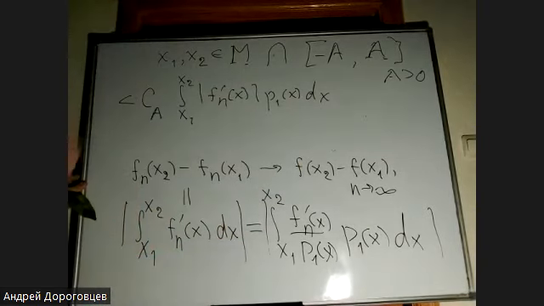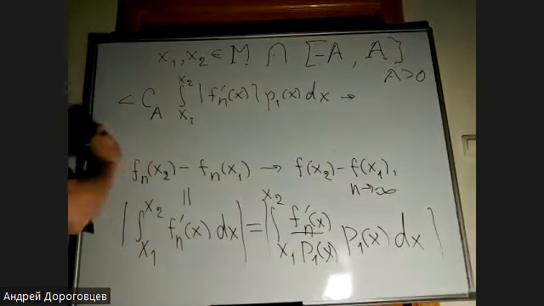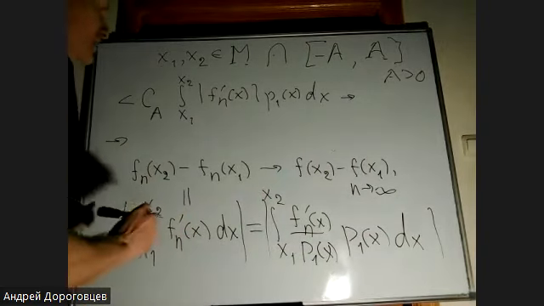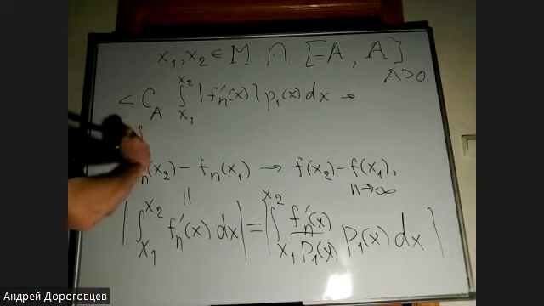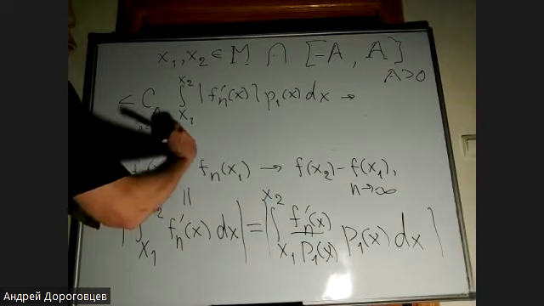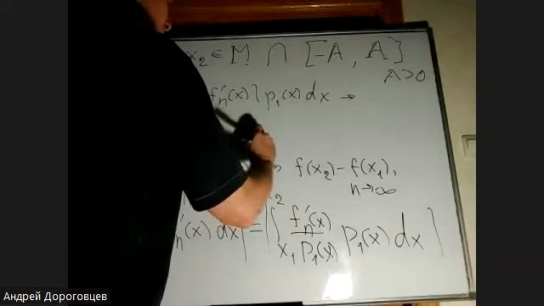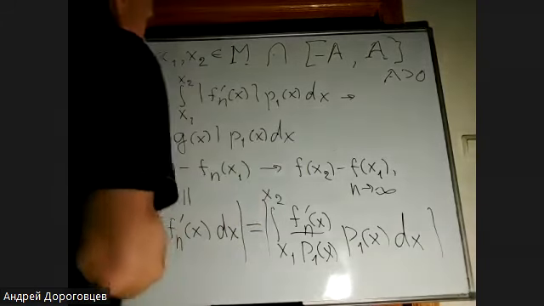And this, of course, goes to the integral from x1 to x2 of the absolute value of j of x times p1 of x dx.